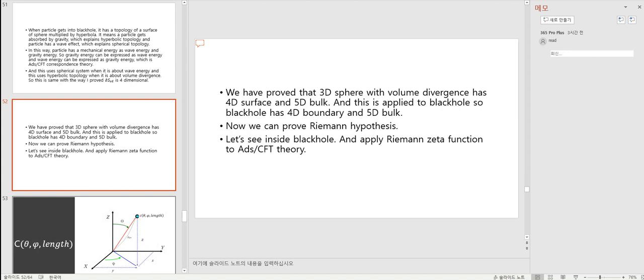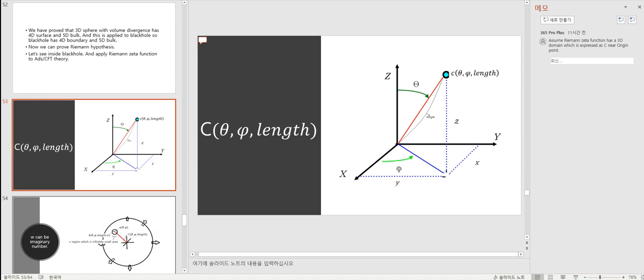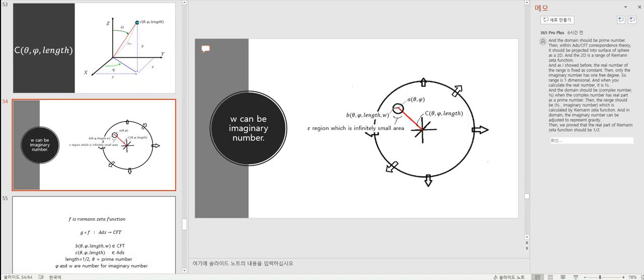Let's look inside a black hole and apply the Riemann zeta function to AdS-CFT theory. Assume the Riemann zeta function has a 3D domain which is expressed as C near the origin point. And this domain should be prime numbers. Then within the AdS-CFT correspondence theory, it should be projected onto the surface of a sphere as two-dimensional, and the two dimensions are the range of the Riemann zeta function. And as I showed before, the real part of the range is fixed as a constant, so only the imaginary part has one free degree, so the range is one-dimensional.